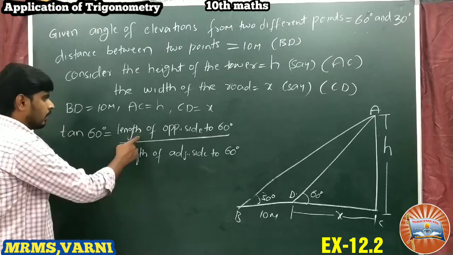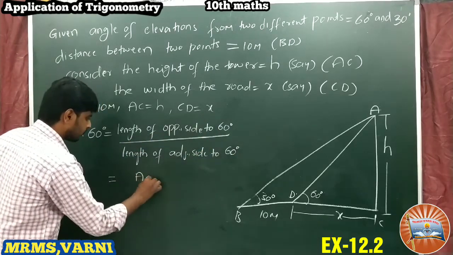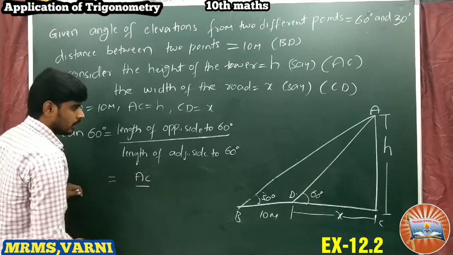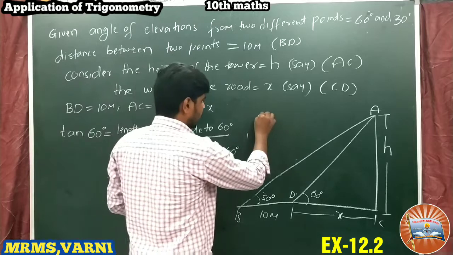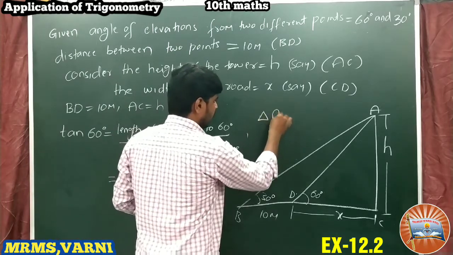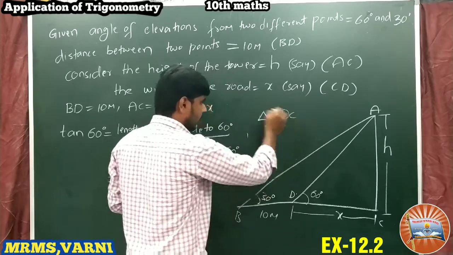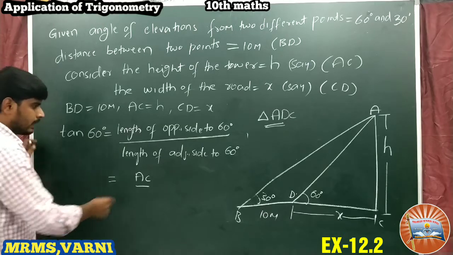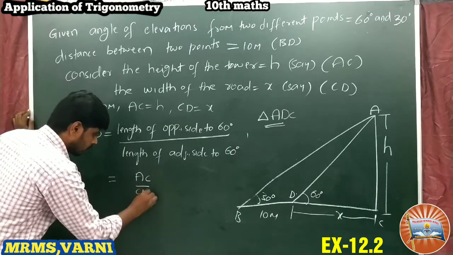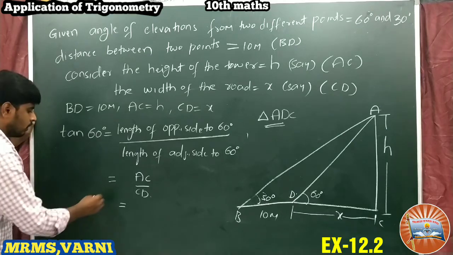So the length of the opposite side is nothing but AC, and the adjacent side is nothing but CD. So I am taking triangle ADC. In triangle ADC I am taking tan 60 degrees. Okay, right, AC by CD. So tan 60 value we have that, how much?